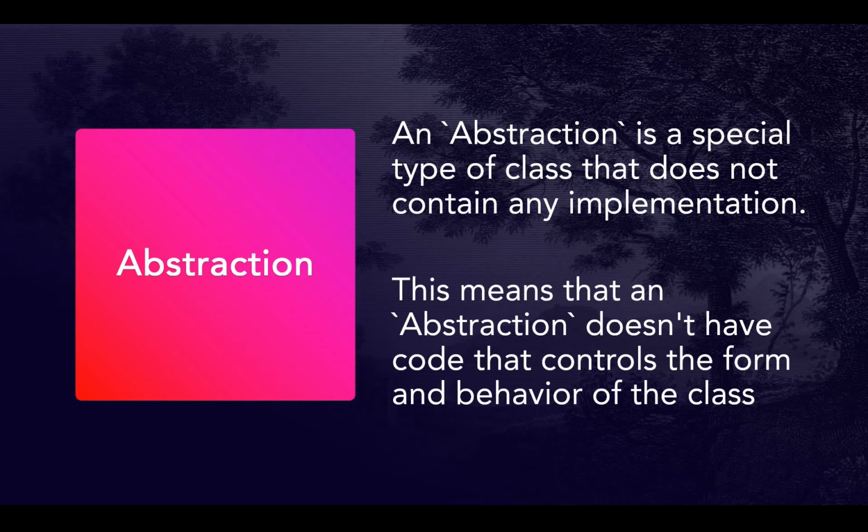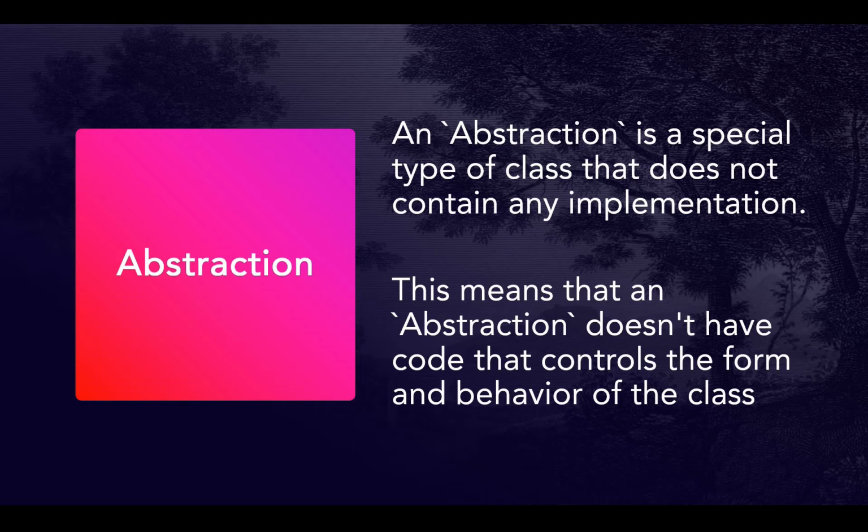In fact, you cannot even create an instance of an abstraction. It's not allowed at all. And even if you could, it would be pointless since it doesn't have code that controls how it behaves. What is the point of creating something that is abstract when it cannot materialize in the real world? At the end of the day, an abstraction is a representation of something that is abstract as well.